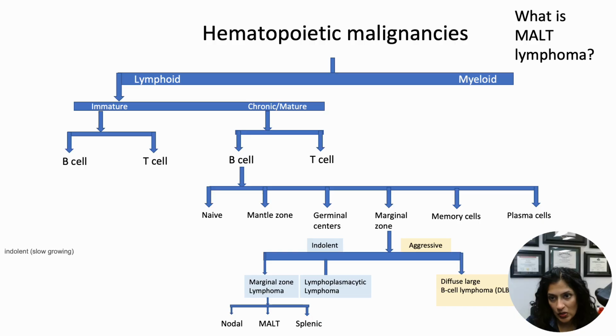The first is what was originally described, that is extranodal marginal zone lymphoma of mucosa-associated lymphoid tissue. This is often called MALT lymphoma, and this subtype is found outside of the lymph nodes and is often associated with chronic inflammation. Nodal subtype is actually marginal zone lymphoma that is still in the lymph nodes, and splenic marginal zone lymphoma affects the spleen.